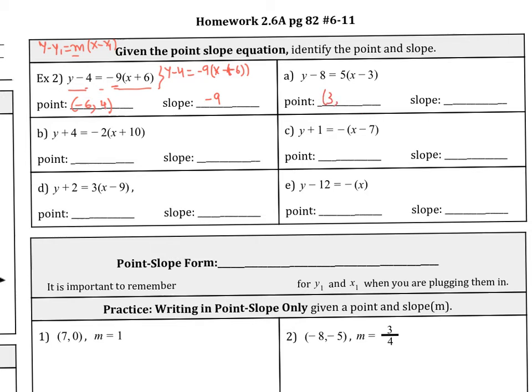positive 3 comma 8, and the slope, when you compare with the given formula, that is m, and in this case is 5. Next is letter B. Again, if this is a positive and positive, we are going to write them negative 10 comma negative 4. Remember, this is x1 and this is y1.